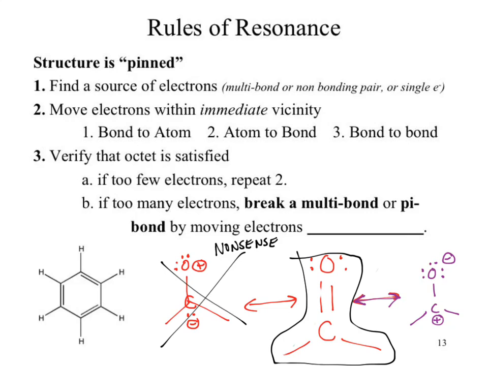If I throw in a negative species, it's going to go to the carbon, because that's where the positive charge is. So understanding where the electrons are shifting within your structure predicts the chemistry. That's one of the reasons why resonance is massively important.